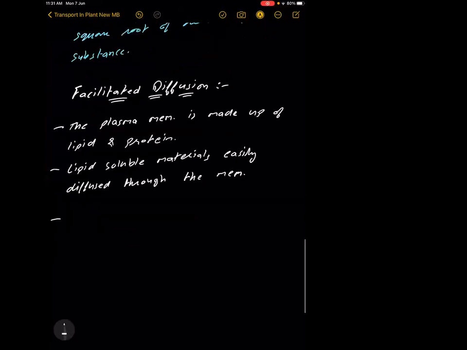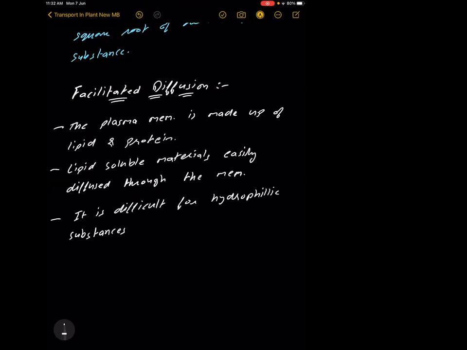But it is difficult for hydrophilic substances to pass the membrane.